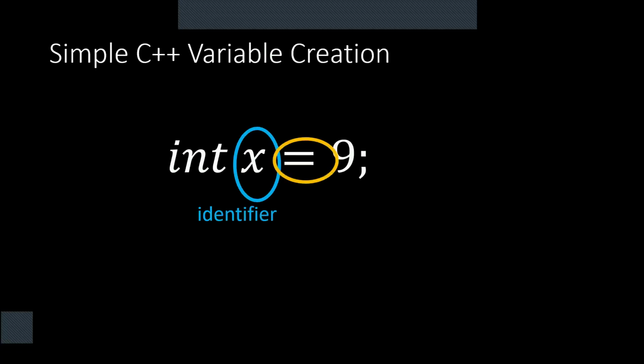This equal sign is not the same equal sign as you have in your algebra. This equal sign means assignment operator. This assigns some value into the variable. You can read it like this: x gets the value 9, or this assignment operator puts the value 9 into x. Now 9 is the value that you are putting into this identifier x, or the variable x.